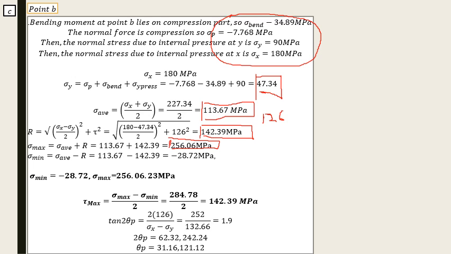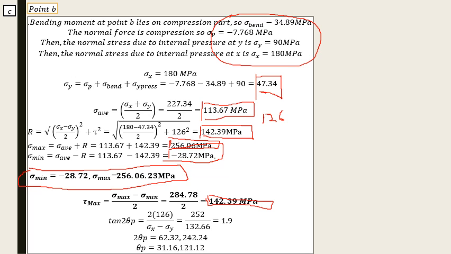Then sigma min equals sigma average minus R, 113.7 minus 142.39. I got this, so sigma min is minus 28.722 MPa, and sigma max is this. Then to determine tau max, it is sigma max minus sigma min divided by 2, and I got this.